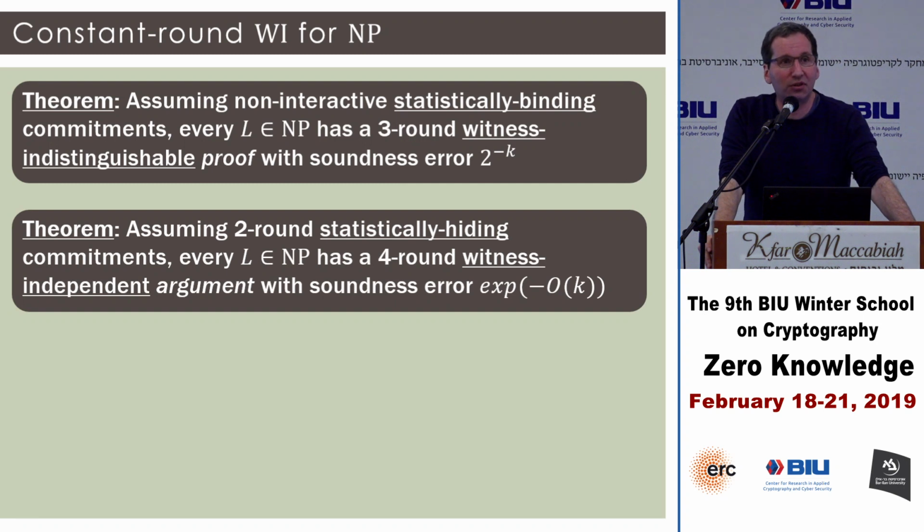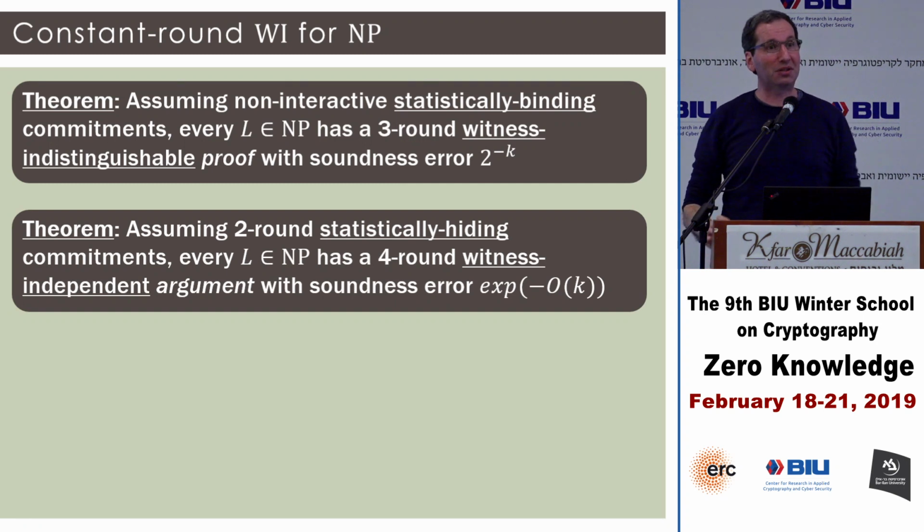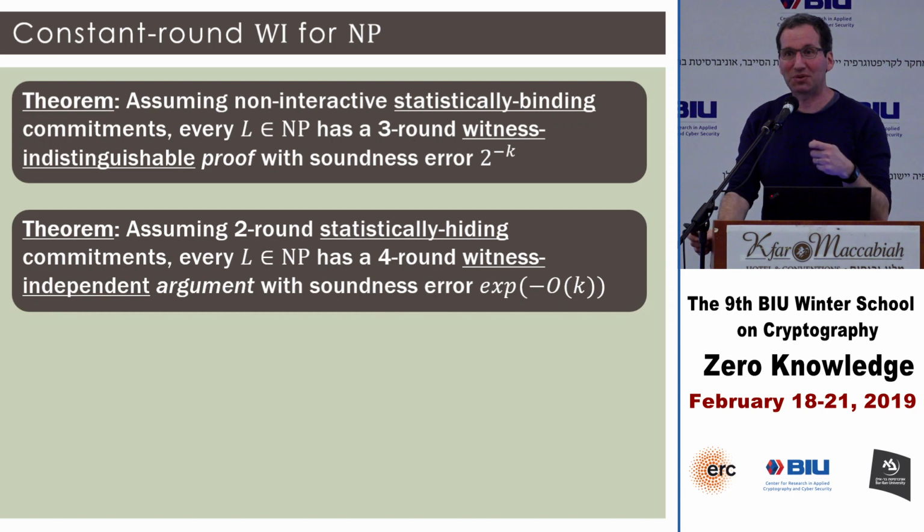Why do I say exponential in minus order k? Because the soundness error goes down exponentially, but not as fast as you'd expect. But it's still exponentially small in k. So we have 3-round witness indistinguishable proofs and 4-round witness-independent arguments.